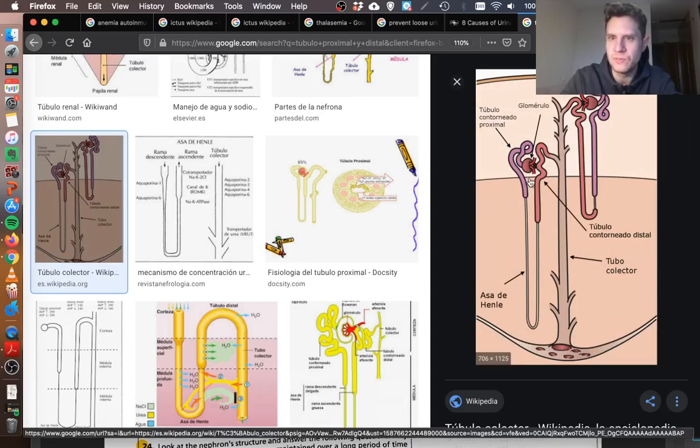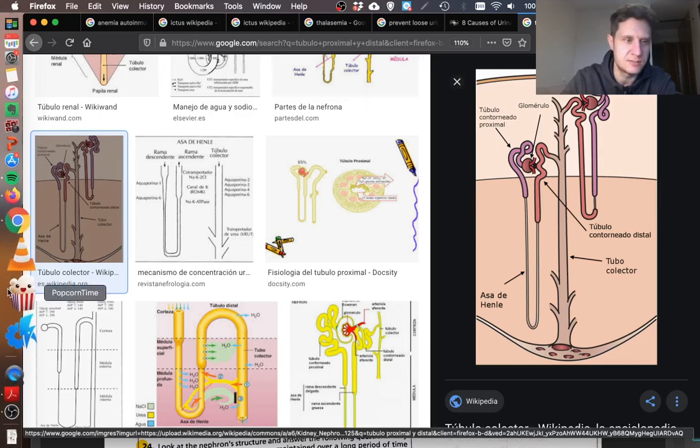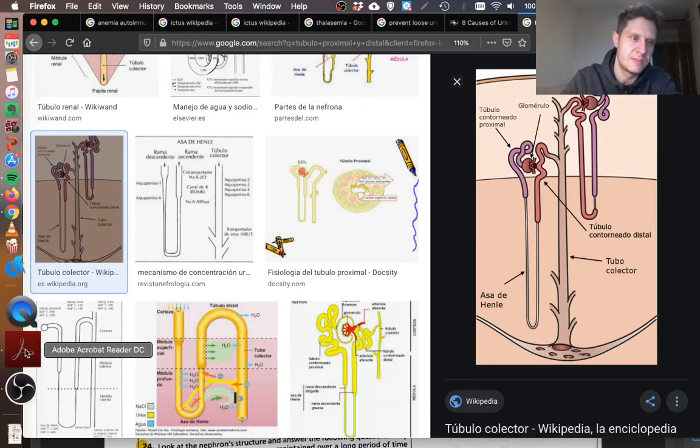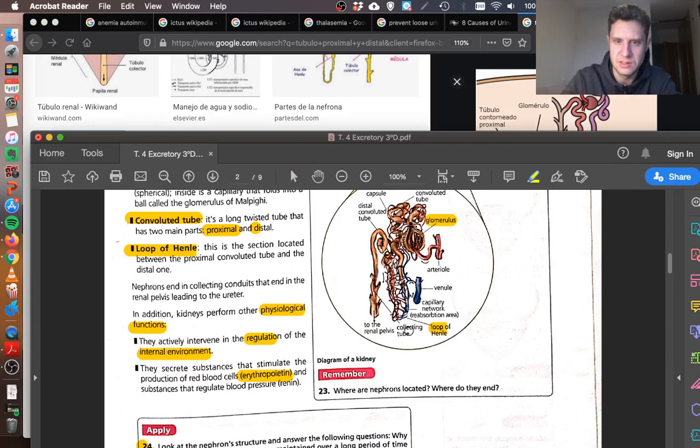We have this structure here, interesting too. This is the glomerulus, and this is the cortex. Here we have the loop of Henle. It's very thin, not thick, very thin.